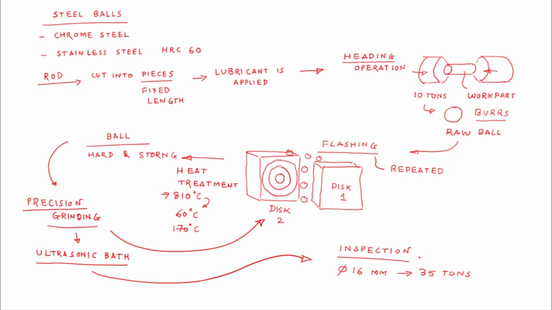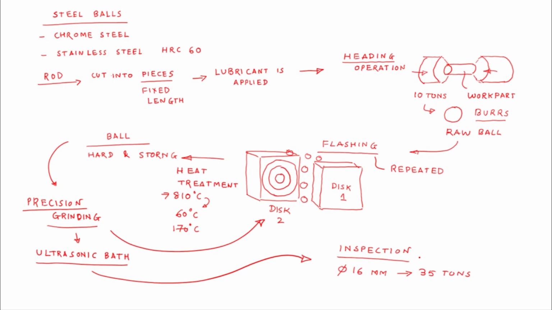It is expected that the ball should provide a defined reflection pattern. If asperities are there on the surface, we may not get the required reflections from the surface of the ball. In this way, the steel balls are manufactured.